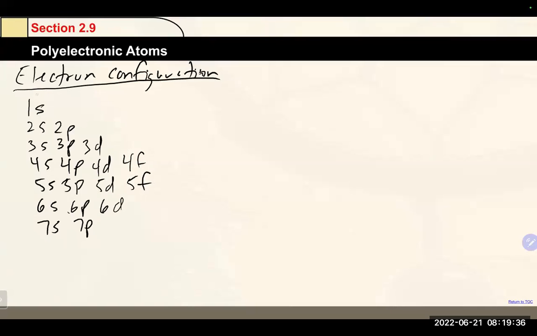You can start with the 1s, the 2p, the 3p, 3d, and the 4f, and then just fill in the numbers afterwards.